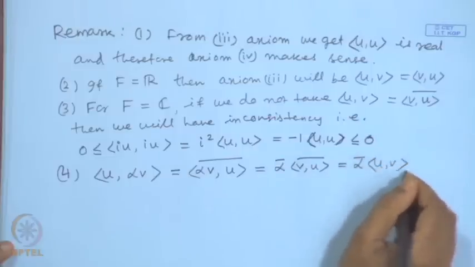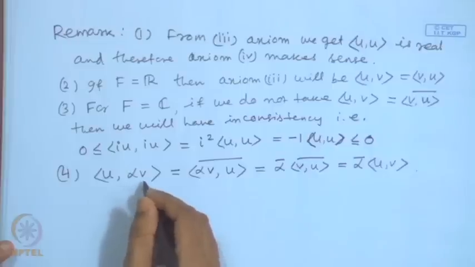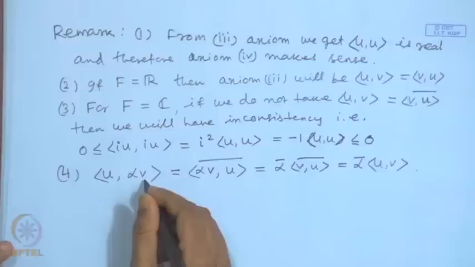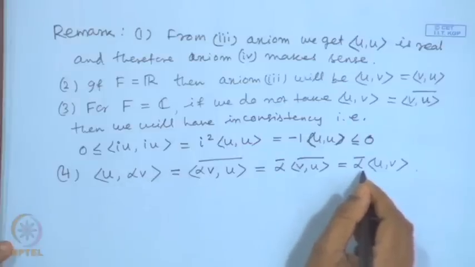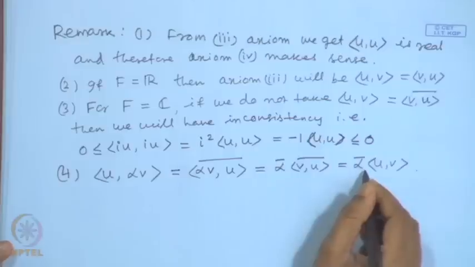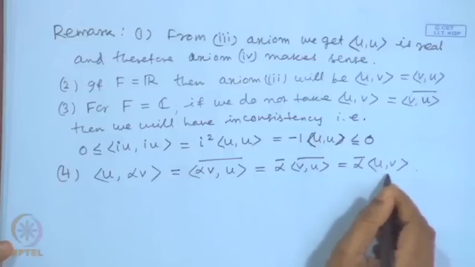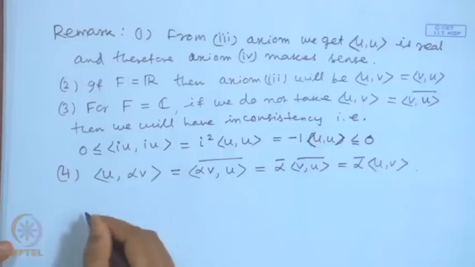That means if we multiply a scalar with the second component, then when it comes out, we get its complex conjugate times the inner product of u, v.